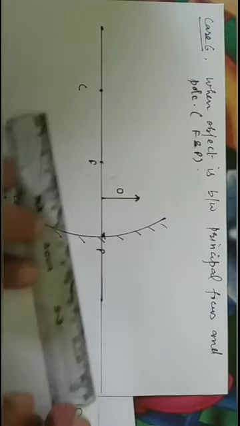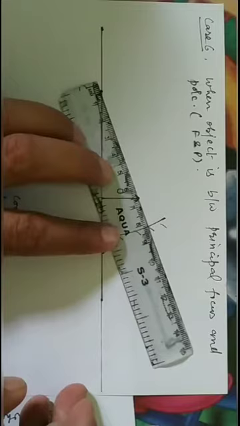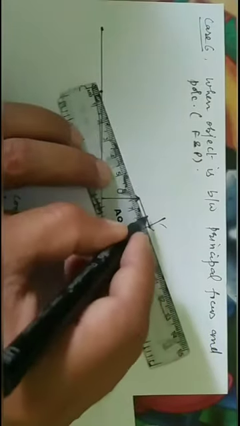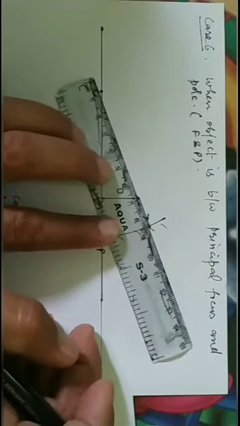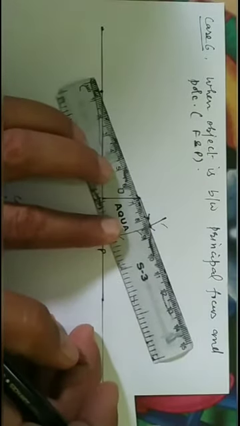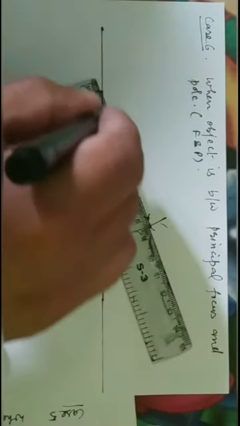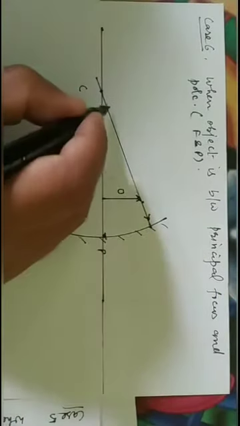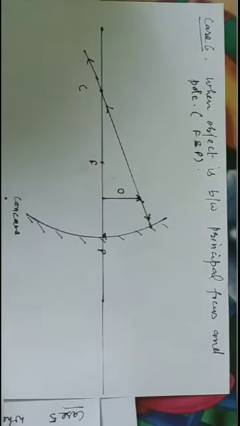The first ray is that which appears to pass through the center, or is along the center. Any ray which passes through the center will trace its path and come back. So this is our reflected ray.